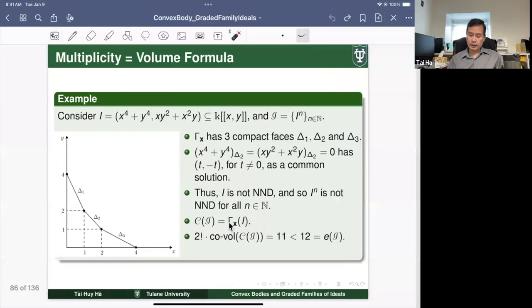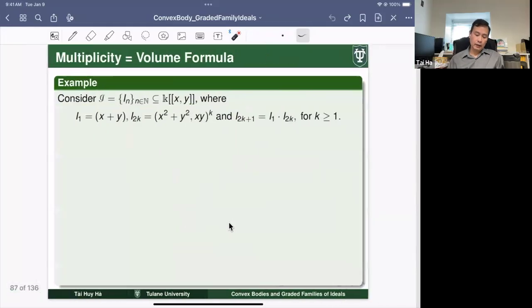And indeed, if we compute the multiplicity, we're going to get 12, and the volume, or the co-volume of this, meaning 2 times the volume of this, we get 11, so they are not the same. So this is an example saying that if you don't have NND ideals, unfortunately, the multiplicity equal to volume formula will not work. Let me give you a different example where it works.